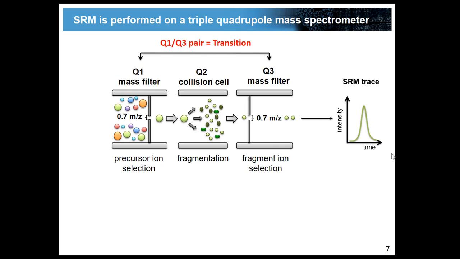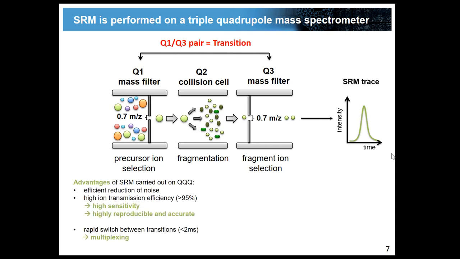Now, what are the advantages of doing this type of measurement on triple quadrupoles? Quadrupole mass analyzers, or let's say an SRM setup, a triple quadrupole, is very good in efficiently reducing noise. And that's because you do 2 filtering steps. You filter all your ions once in the first and once in the third quadrupole. And quadrupole mass analyzers are also very good in efficiently transmitting an ion through the quadrupole.